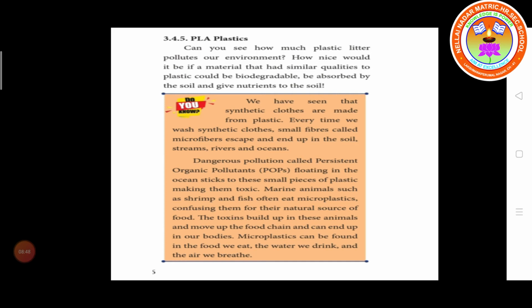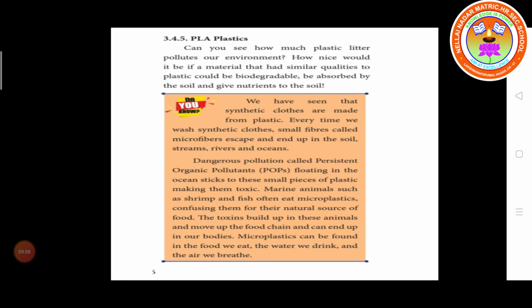PLA is similar to plastic, but it is biodegradable. It is absorbed by the soil and gives nutrition to the soil. So this plastic is biodegradable and it produces some nutrition in the soil.